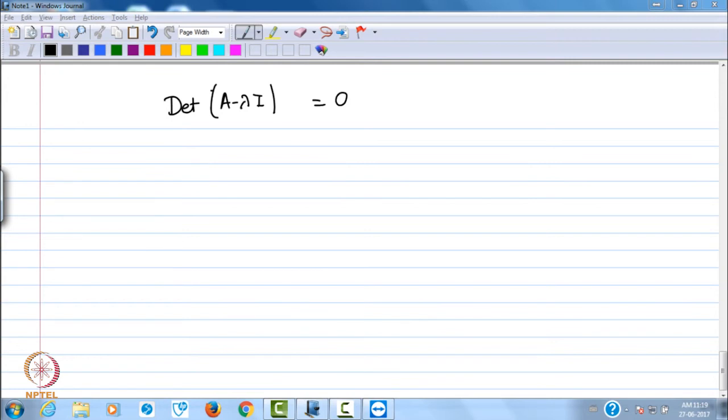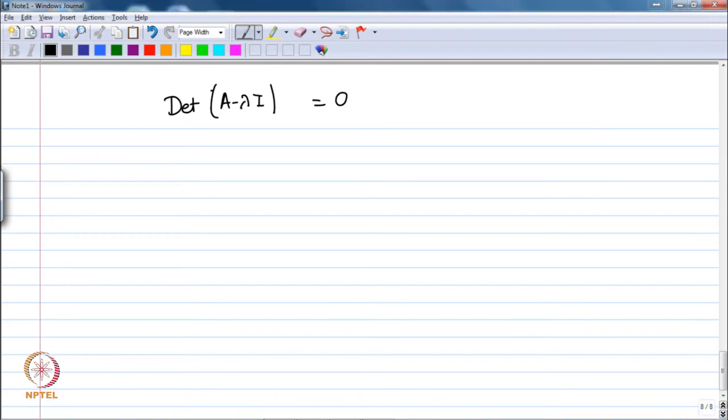This is the matrix A minus lambda I. If you write your usual notation, A has these components A11, A12, A13, A21, A22, A23, A31, A32, A33.